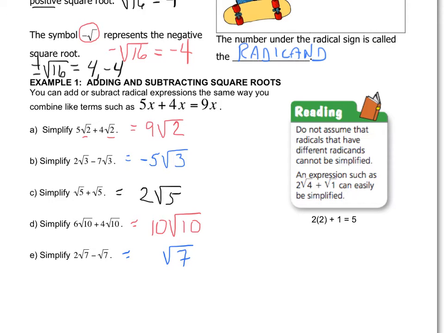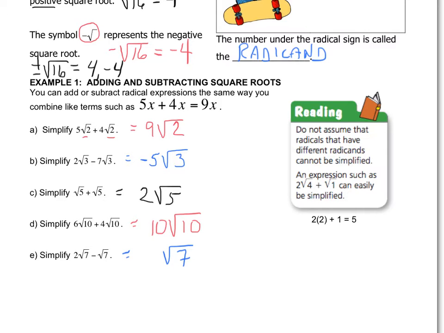Over here on the right, do not assume that radicals with different radicands cannot be simplified. Just because they don't both have the square root of 3 and the square root of 3, or the square root of 5 and the square root of 5, don't assume that means they can't be simplified. Look at this one: we have 2 square roots of 4 plus a square root of 1.